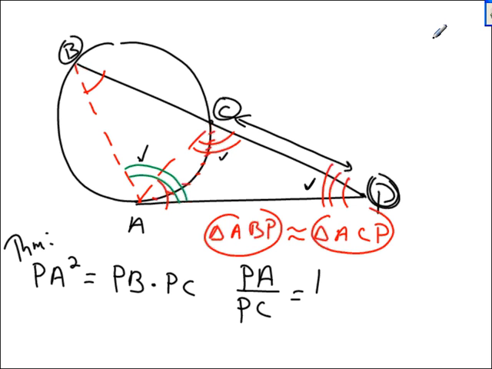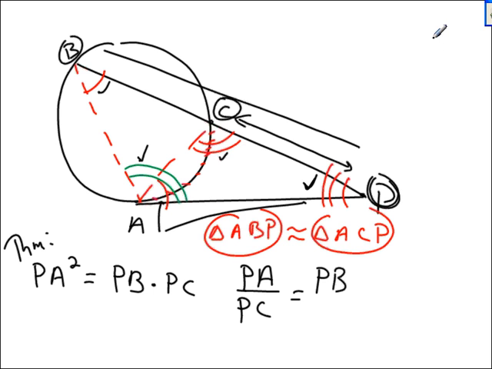In the big triangle, we have PB. This long one. It's between 1 slash and angle P with 3 slashes. While in the little triangle, you have 1 slash and angle P. Well, that's AP or PA.